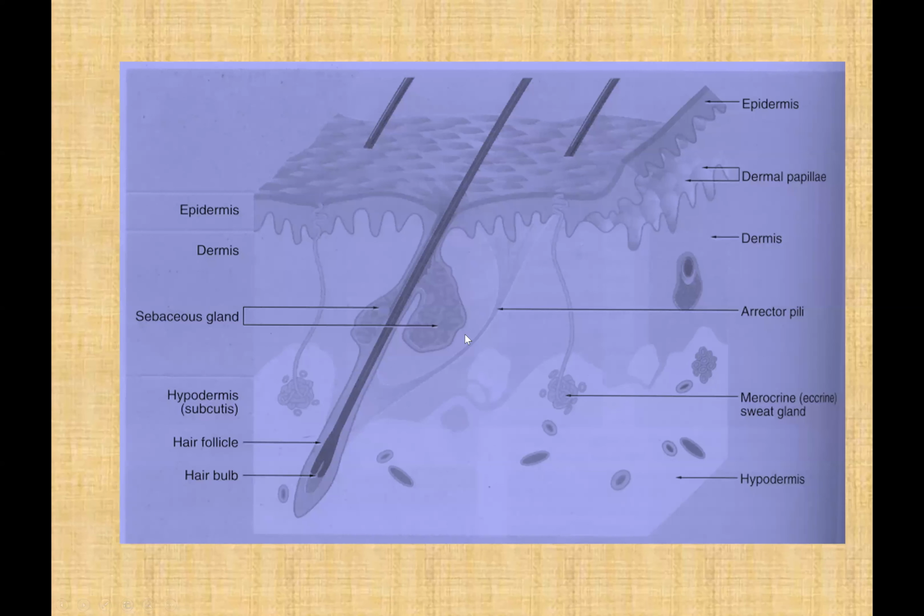The chunk of this is the reticular dermis, which is a bit down. So the papillary layer is made up of thin, loose areolar connective tissue that we can find around this area. But the rest is what we call the reticular dermis.